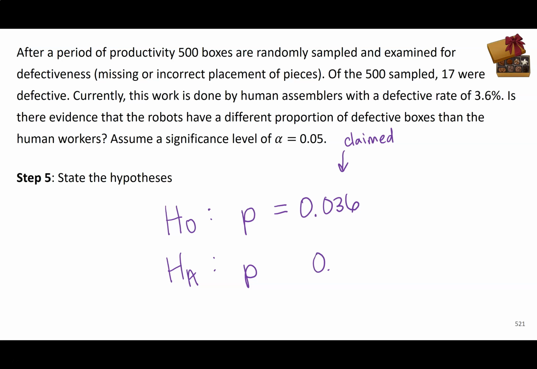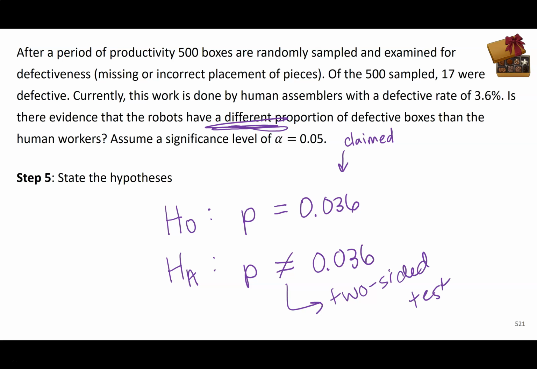And then 0.036. And the sign that goes here depends on our question of interest. So we want to know if that proportion is different than, so we're going to use a not equals sign. But things to note, this is a two-sided test.